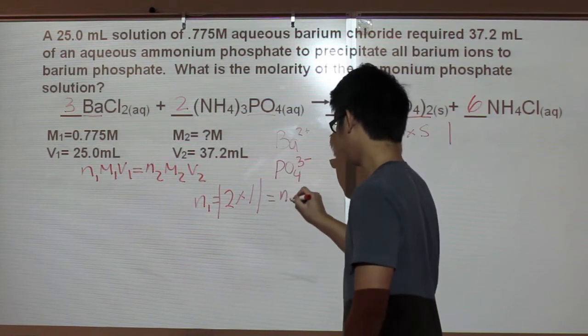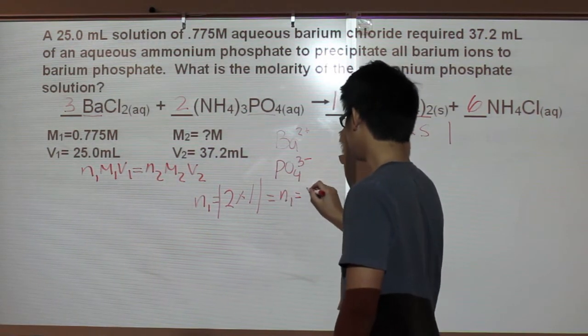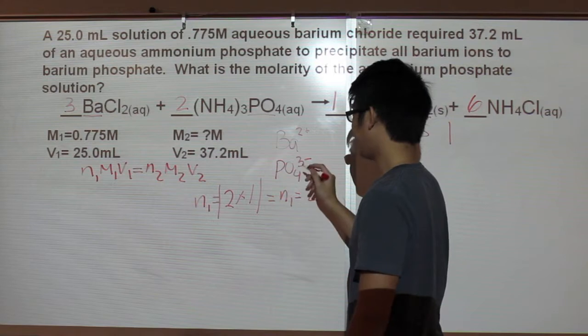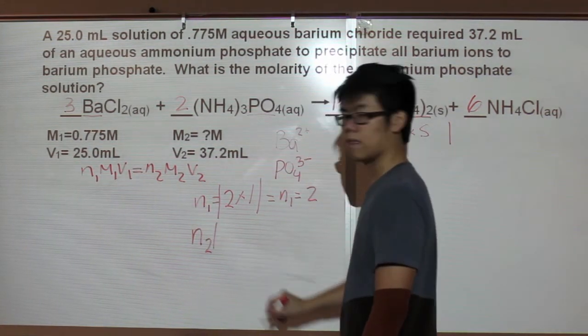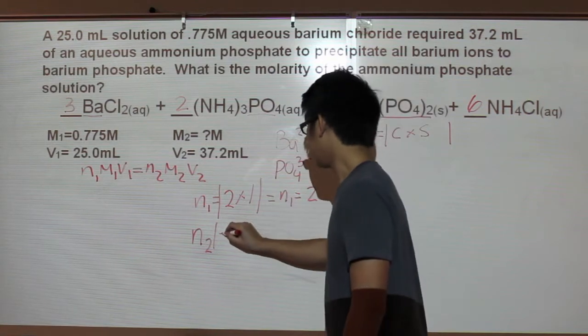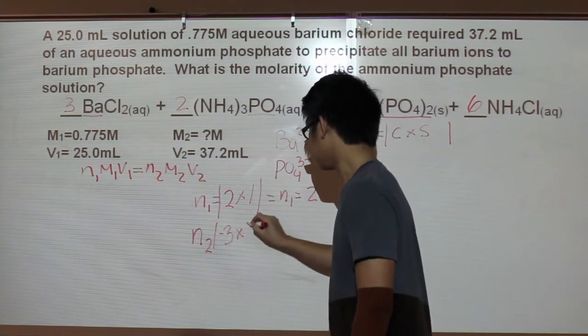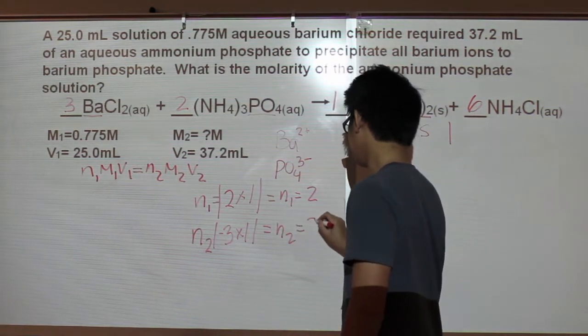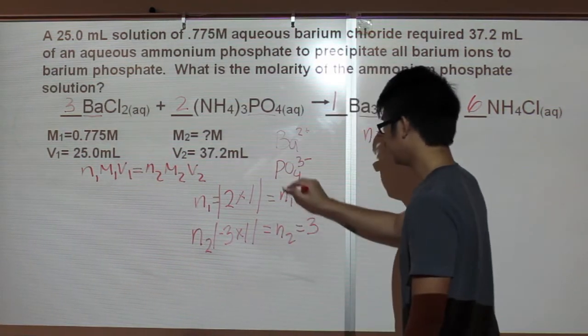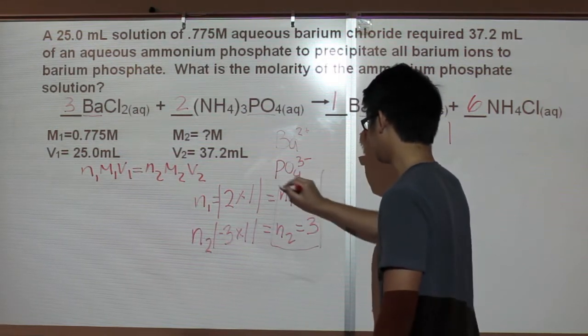So N1 is equal to 2. Phosphate, N2, is -3 times 1. Take the absolute value, N2 is equal to 3. So these are our N values, and these are what we want.